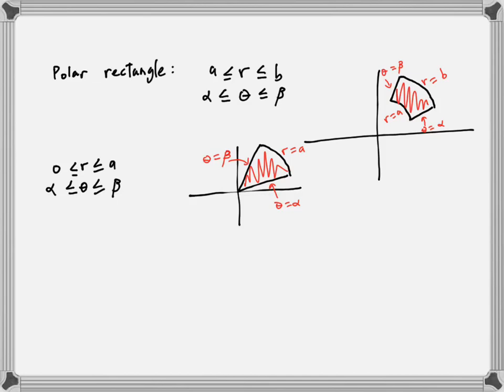What about if you were to make r go from A to B, but theta goes all the way around from 0 to 2 pi? Well, what's going to happen is you actually now have two circles, right?